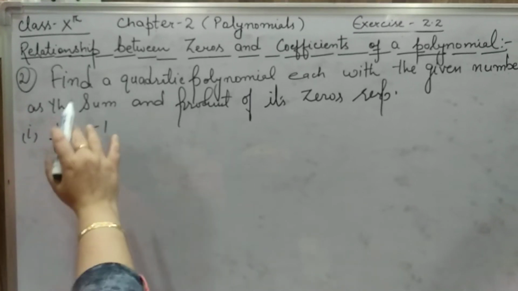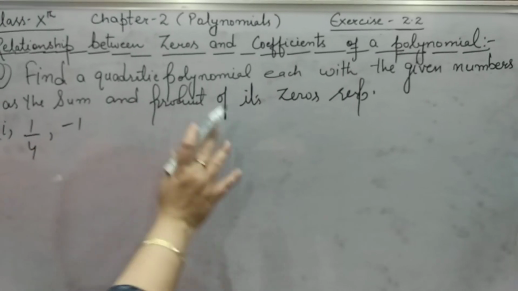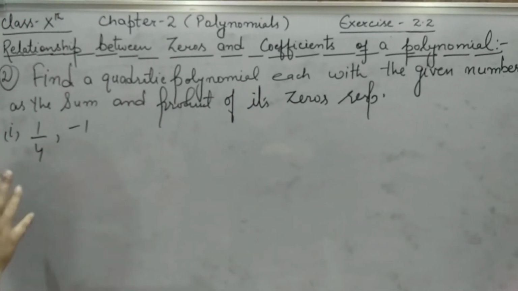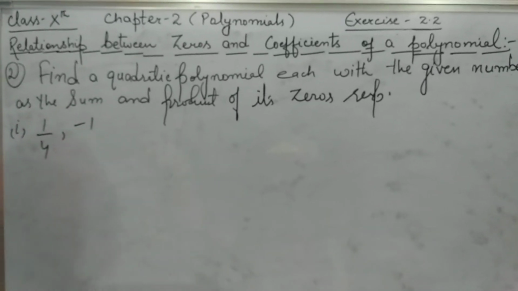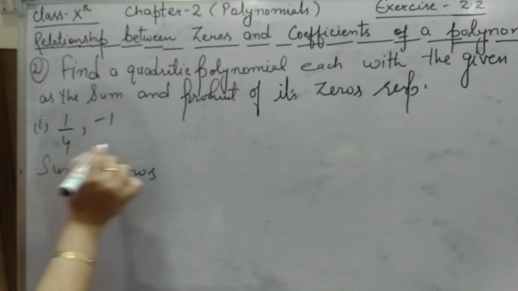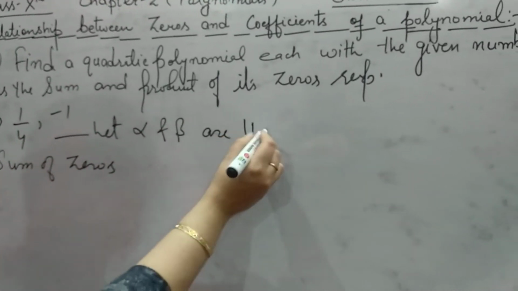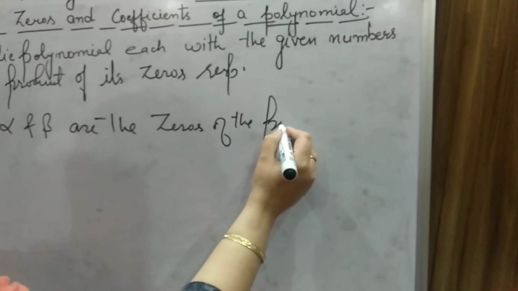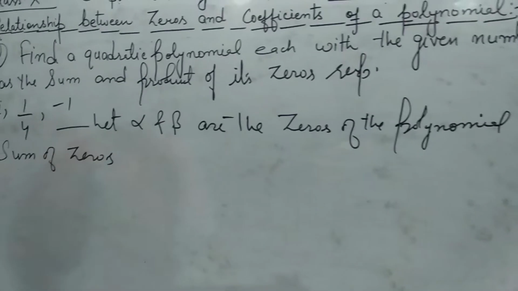Question number 2 is to find a quadratic polynomial, each with the given numbers as the sum and product of its zeros respectively. Means that the number given to us in the first part, 1 by 4, is the sum of zeros and minus 1 is the product of zeros. First of all, let alpha and beta be the zeros of the polynomial.